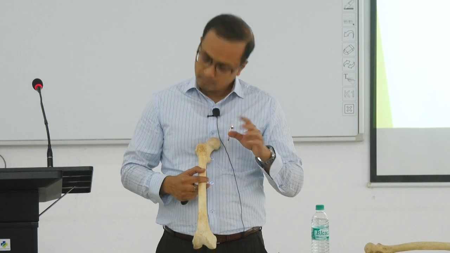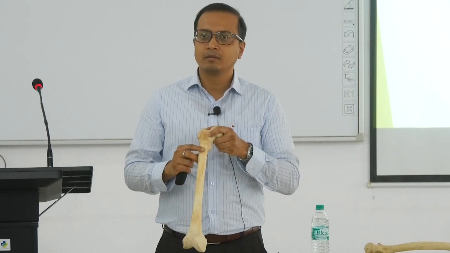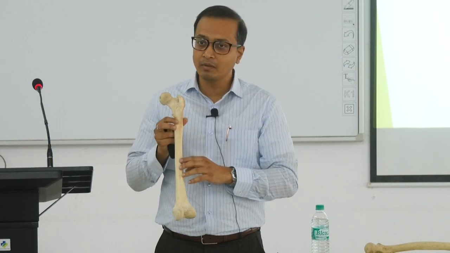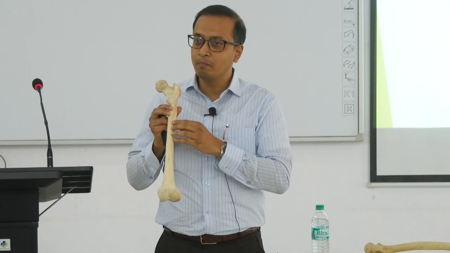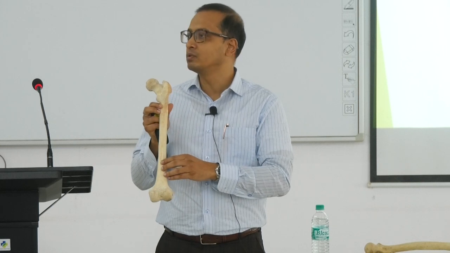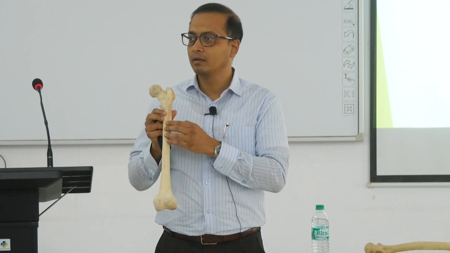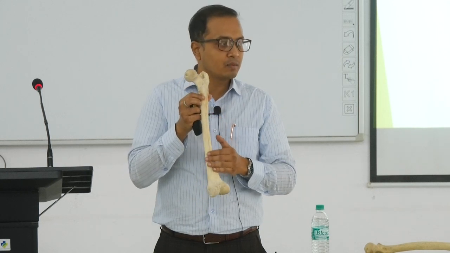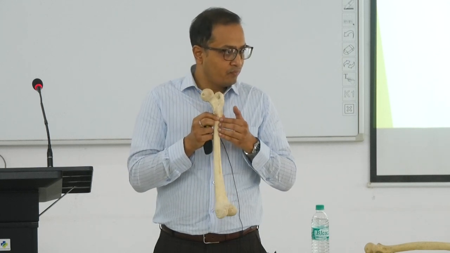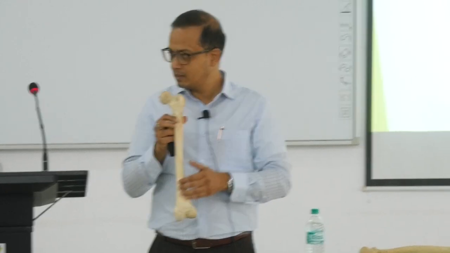Easy? Alright. Now, we focus on the border which is present on the back side. If you look at the back side, you can see this posterior border is really pronounced. You can feel it. On the back side, along the entire length of the shaft, the posterior border, you can feel something groovy in it. Isn't that so?